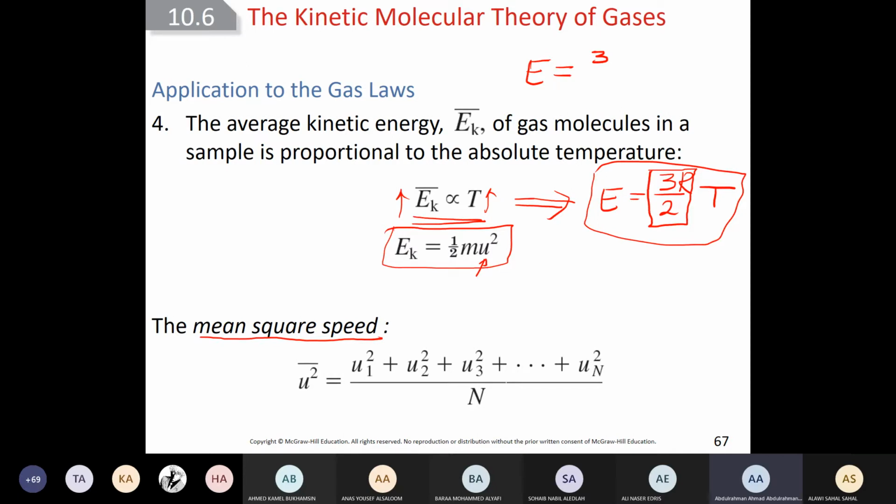And usually we write under here MS. Root v squared, yes, RMS. So the speed that we're going to talk about is when we take the root mean square, U RMS.